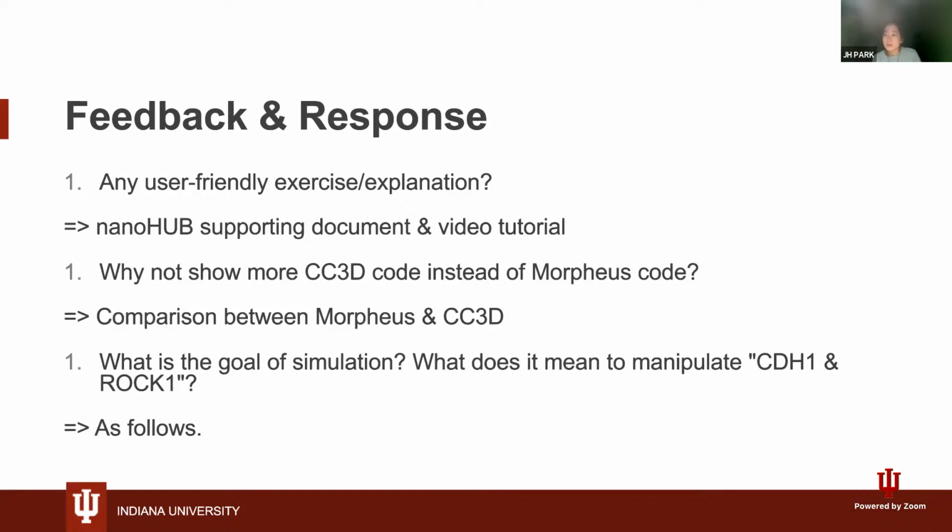The second is why not show more CC3D code instead of the Morpheus code. Elmar will explain the difference between Morpheus and CC3D code for the model. And the last one is, what is the goal of this simulation, or what does it mean to manipulate those CDH1 and ROCK1 molecules? I will explain this part as follows.